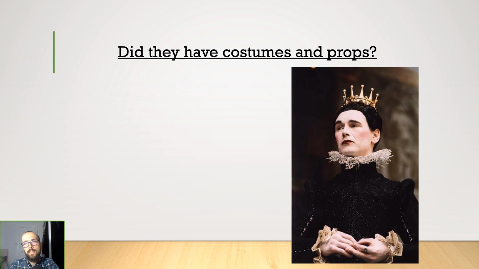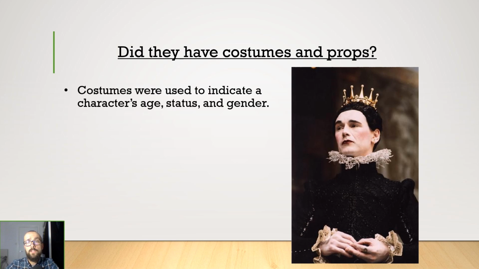Whilst thinking about the actors on the Shakespearean stage, it might be worth asking, did they have costumes and props? The answer is yes. Costumes were used to indicate a character's age, social status, gender, and so on. This meant that Shakespeare could more convincingly portray his female characters on the stage.